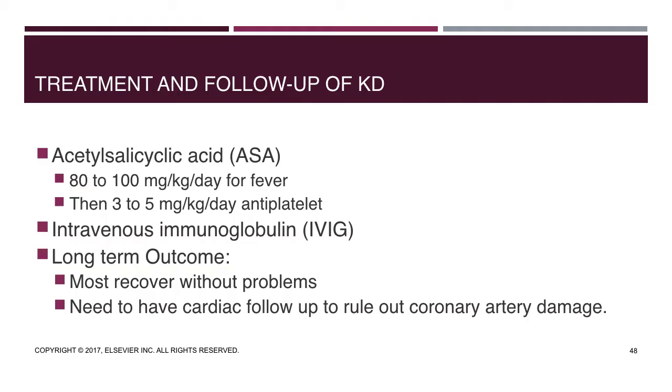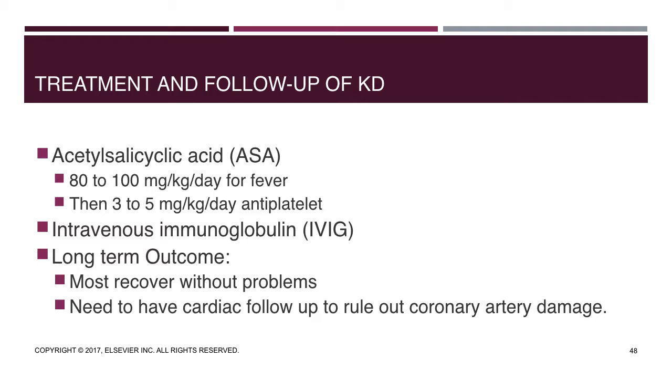So the treatment and the follow-up of Kawasaki's disease is to give them aspirin. And so you may say, well, wait a minute. We're not supposed to give kids aspirin, but this is one disease where we give them aspirin. And so they get 80 to 100 milligrams per kilo per day for fever.